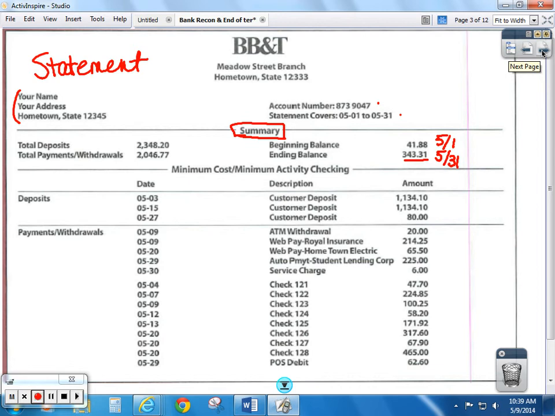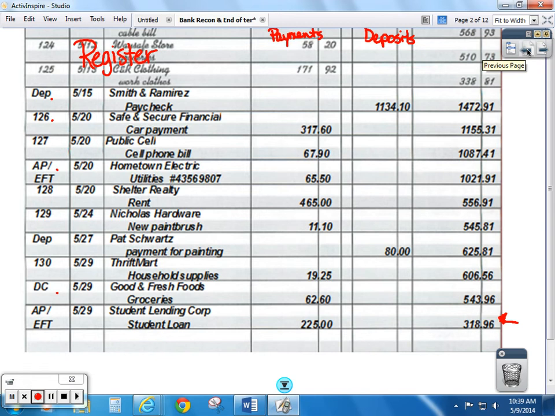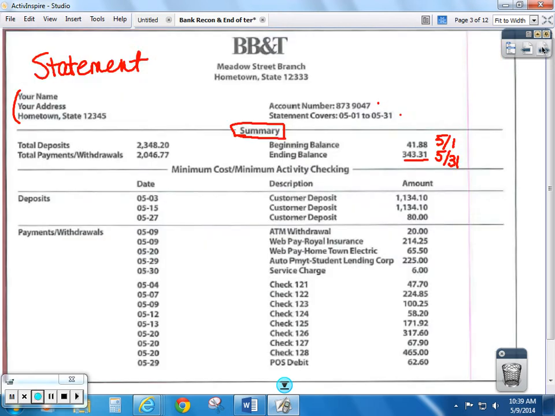The reasons why we might want to reconcile is, first of all, we might make a mistake on our register. It's really easy to misadd something or to leave a check out, so we might make a mistake. The other reason, and this doesn't happen quite as often, but it does happen, perhaps the bank has made a mistake.